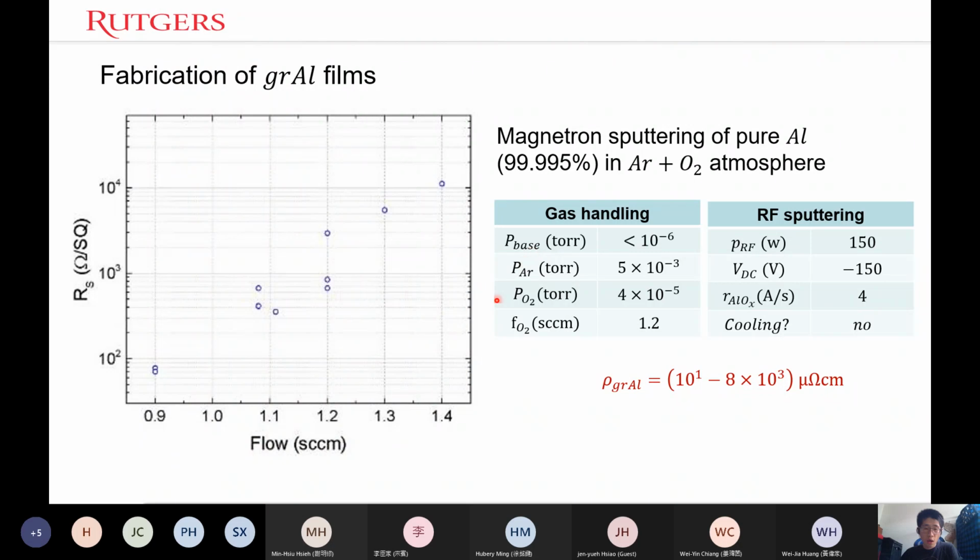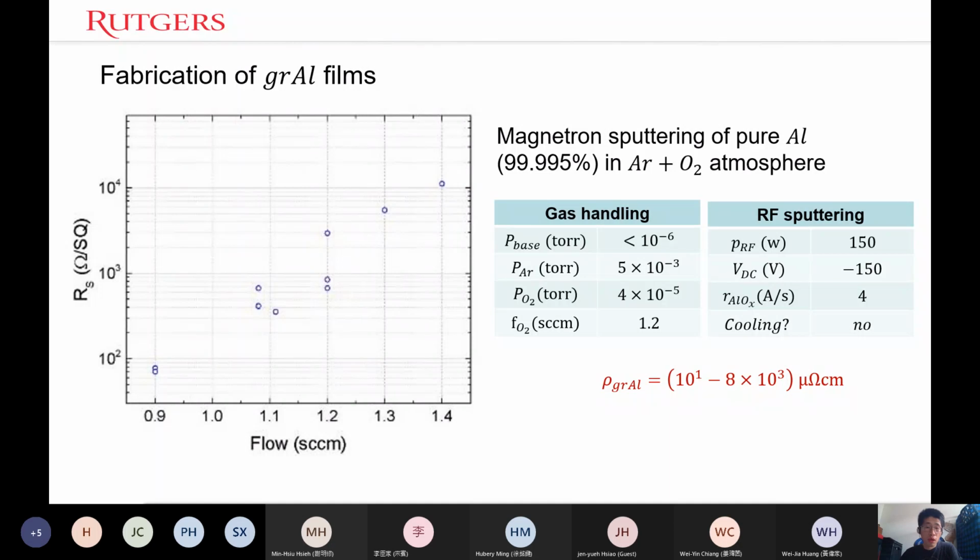This slide describes the technical details, where we use AC sputtering of a pure aluminum target in an argon and oxygen atmosphere. It turns out that very accurate control of the partial pressures of both argon and oxygen is necessary for a reproducible process.